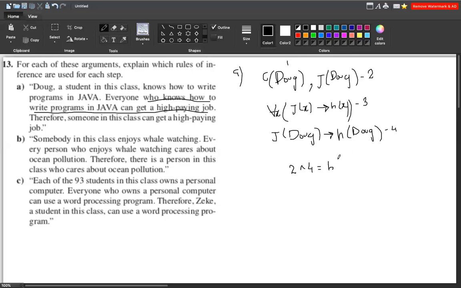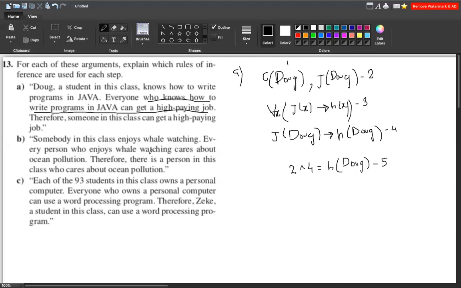So we found another hypothesis, which we're going to call number 5. Okay, so we have to say someone in this class can get a highly paying job. So we have to find this conclusion.